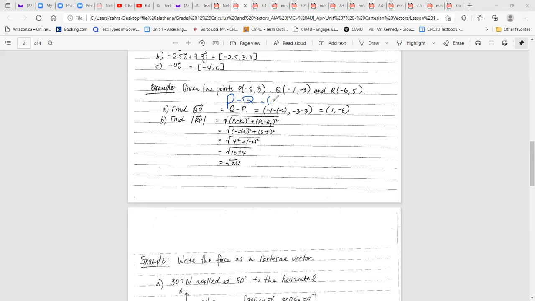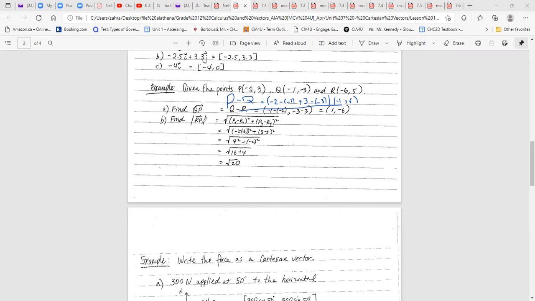So what I have, negative 2 minus 1, and y2 minus y1, 3 minus 3. So what you have is negative 1 and 6. So it's a typo here.